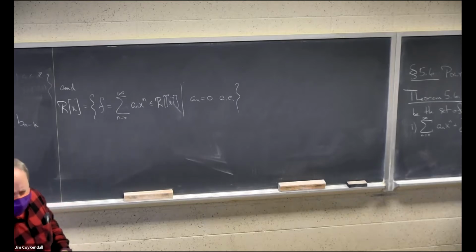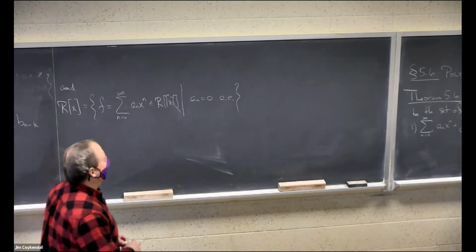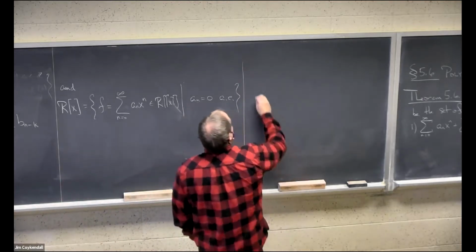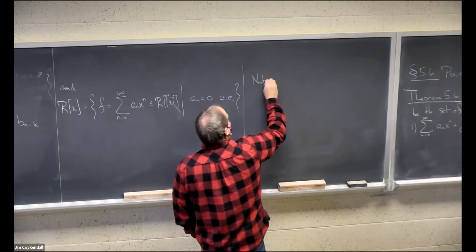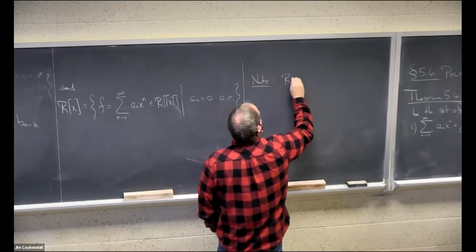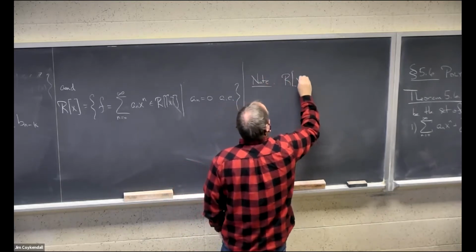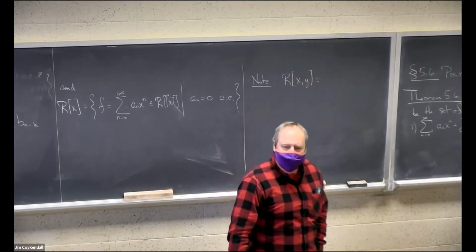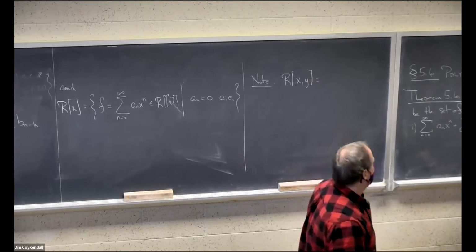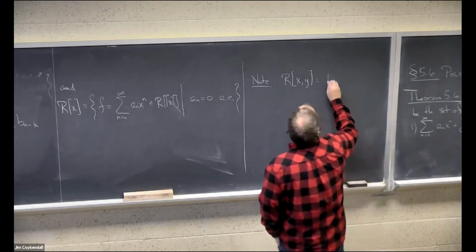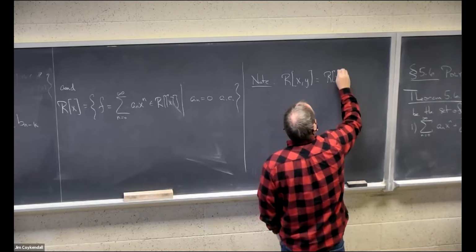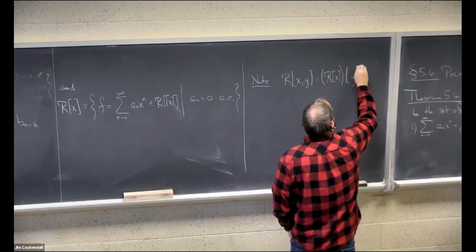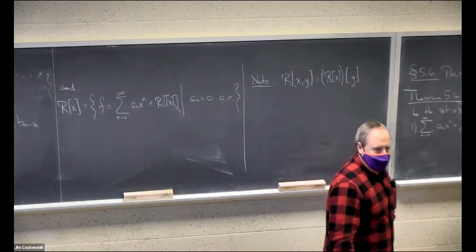Let me make a couple of notes here before I get into the more technical things like degree and so forth. Note. What does it mean to be a polynomial ring in 2 variables? Well, you can define this inductively. I know what that is, and then add enough variables, right?